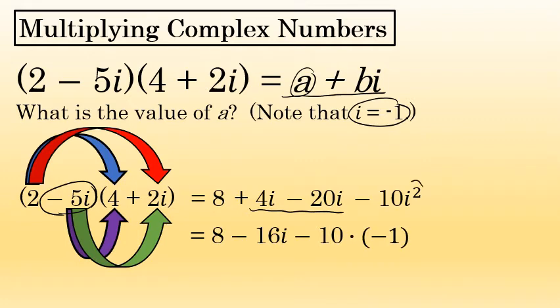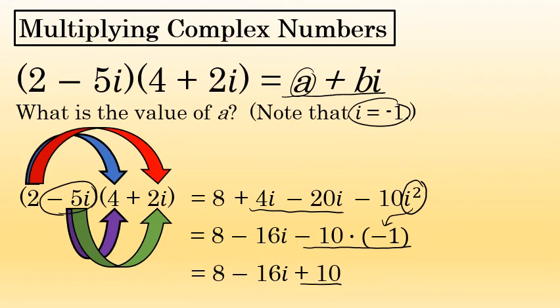But on the next step, the big difference between i and a regular variable is the fact that i squared is negative 1. So this last term, minus 10i squared, becomes minus 10 times negative 1. And that product, negative 10 times negative 1, is actually plus 10. And what I can do as the final step in simplifying this expression is combine the like terms.